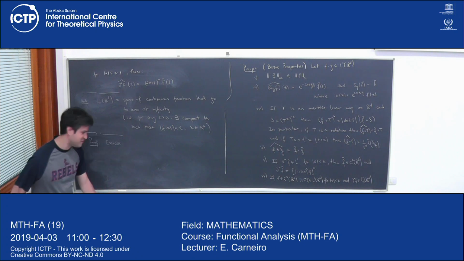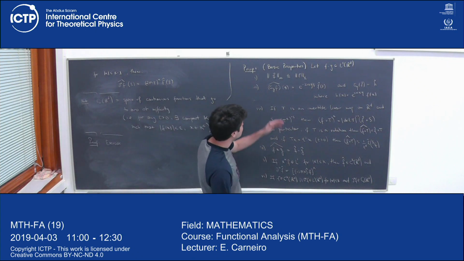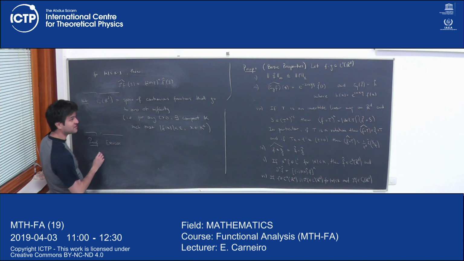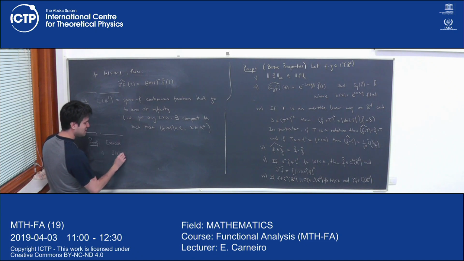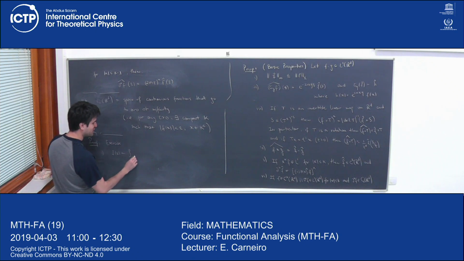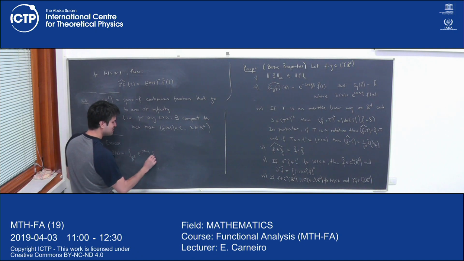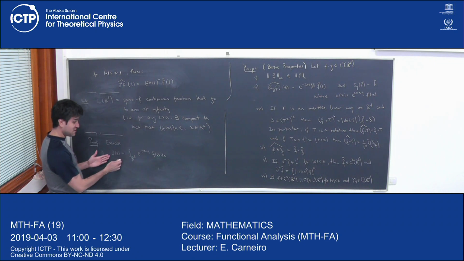Let me just comment on a few of them, because I am actually describing different phenomena here. The first of them is very important. It says that f hat of xi, by definition, is the integral over R^d of e^(-2 pi i x xi) f(x) dx.